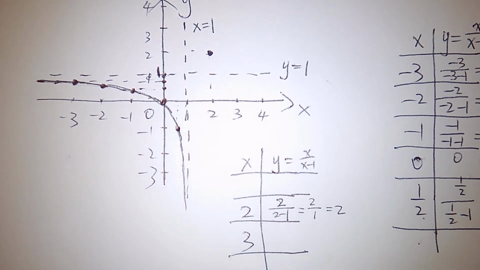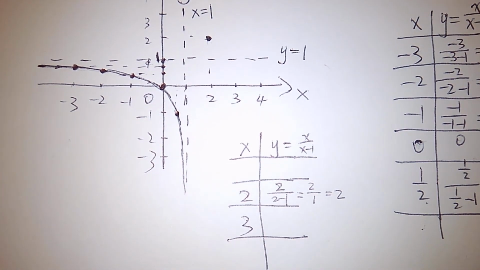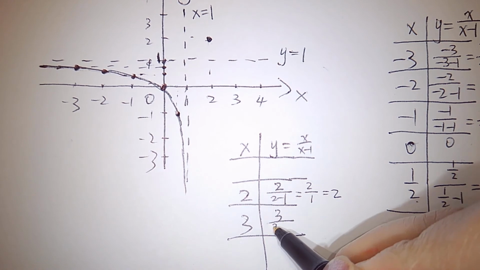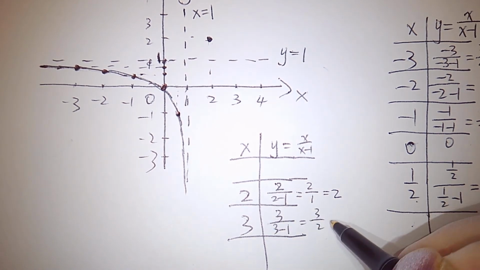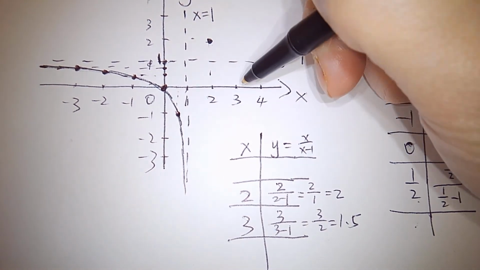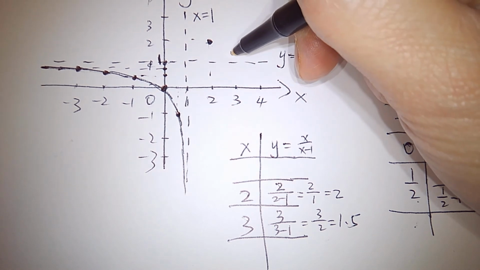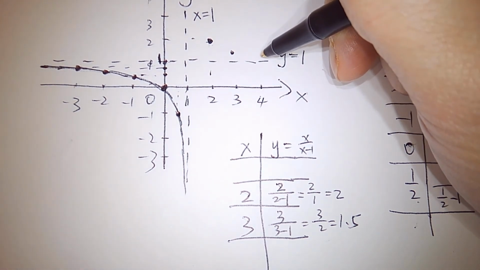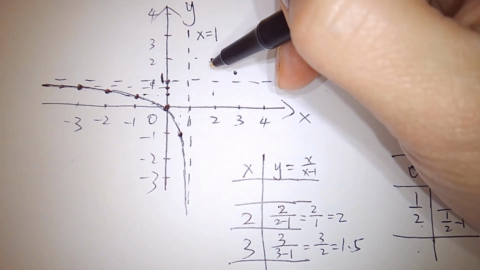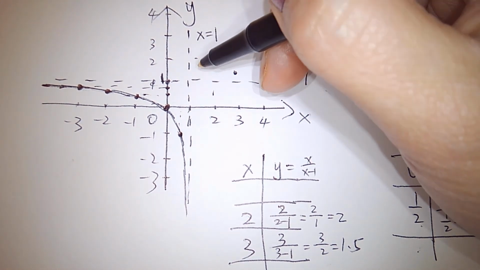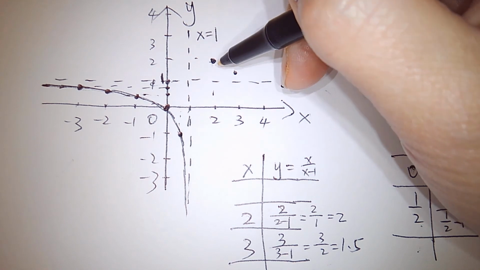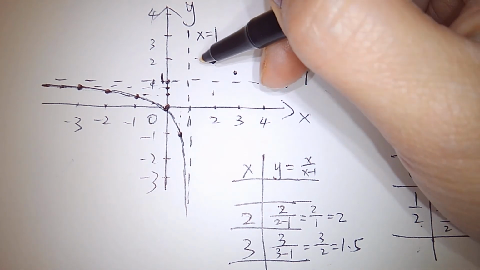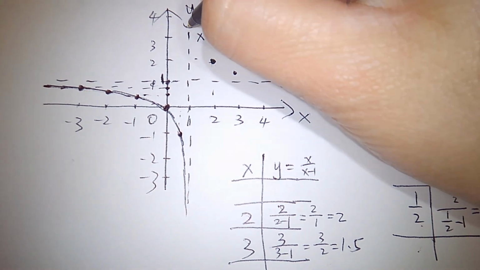Here, x equals 3, try. 3 over 3 minus 1, which is 3 over 2, which is 1.5. Oh, well, x equals 3, y equals 1.5, right? And you can try when x equals 4. And if you don't know what the points between 1 and 2 are, you can try when x equals 1.5, okay?